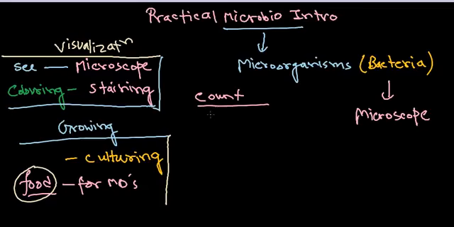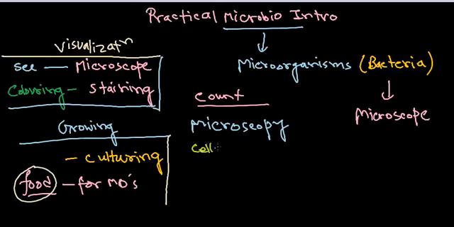You need to count. So counting can be done using microscopy. Two important processes there. It is using microscopy, the simple type, and also you can use a process we know as cell sorting machinery.